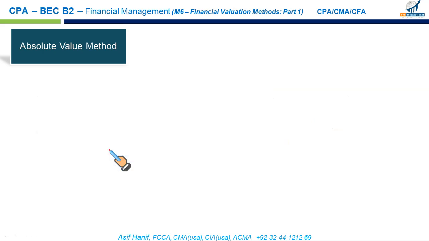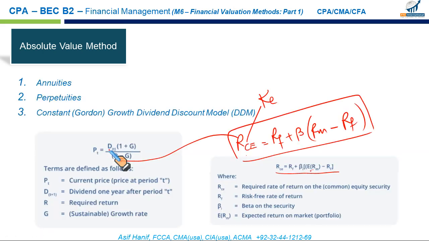There are certain assumptions that you should know for the constant growth dividend discount model, very important assumptions. First assumption is that the dividend grows at a certain rate forever. Second assumption, the growth rate used in the dividends is the same at which the share price goes up.